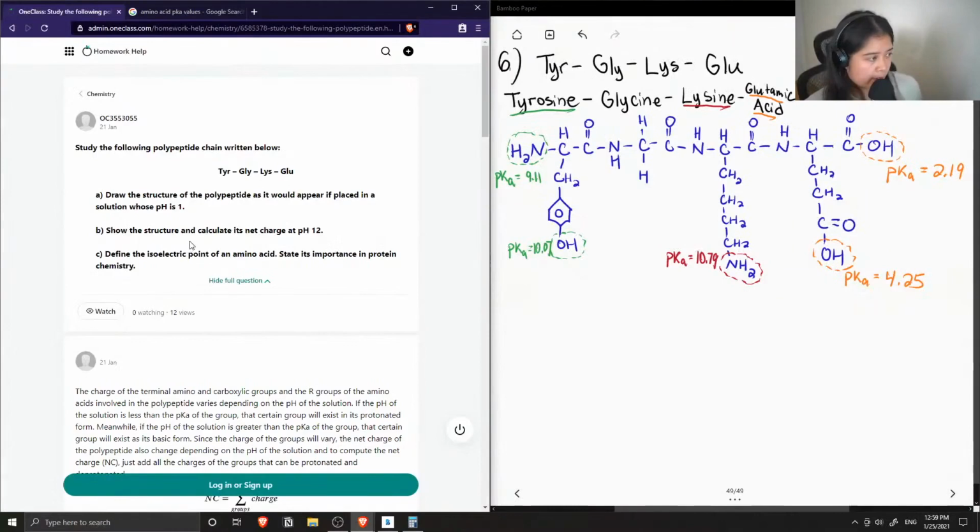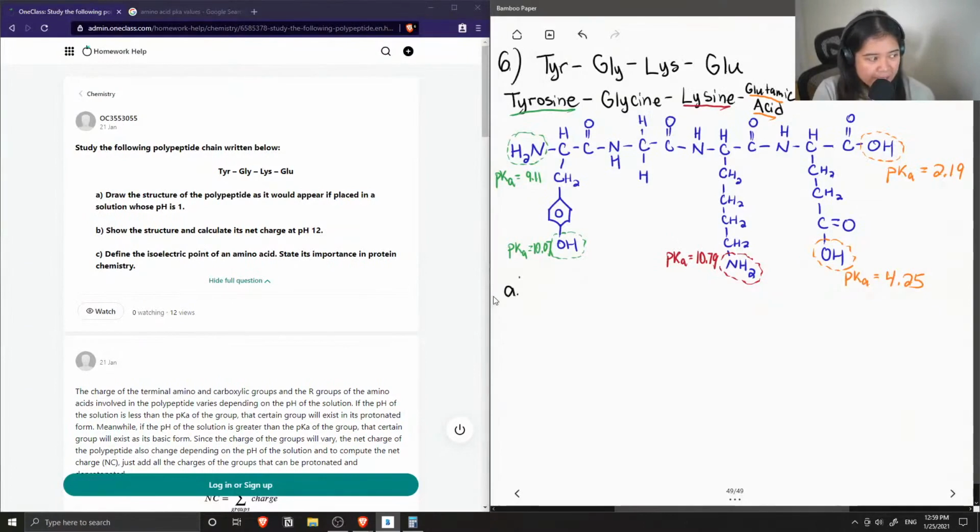So the first part is to draw the structure as it would appear if placed in a solution whose pH is 1. So that's a very low pH value. And I'll write down here that when your pH is less than your pKa value, then this tells us that the groups are protonated.